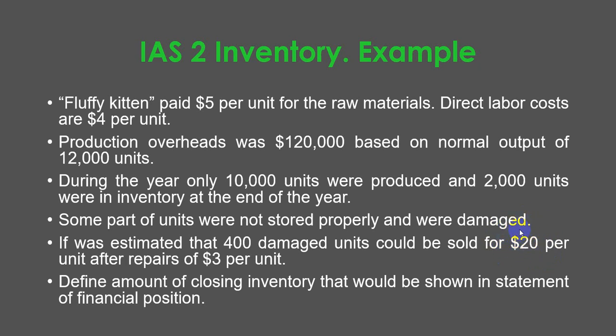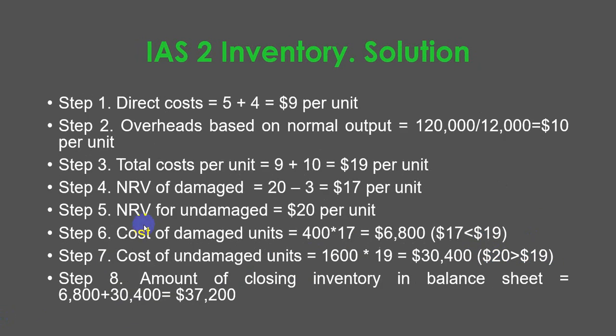And we don't have any information about any selling costs, so let's assume that $20 is the price of undamaged items too. So in this case, NRV of undamaged items will be $20 per unit.